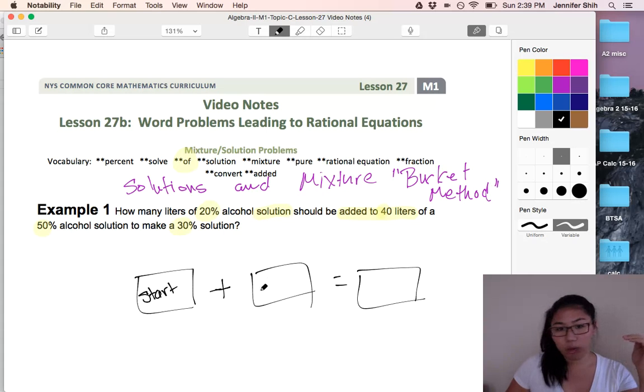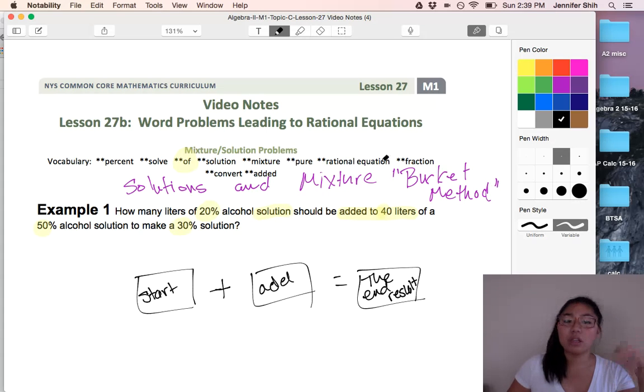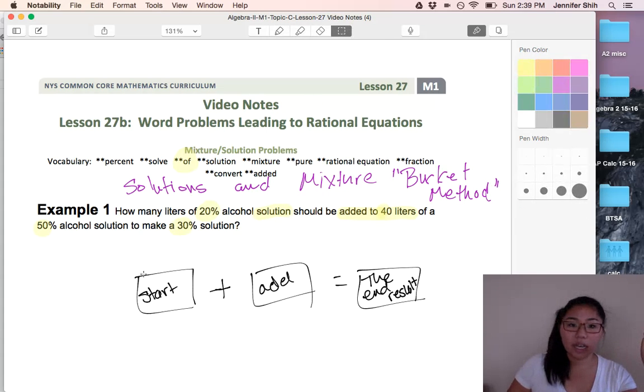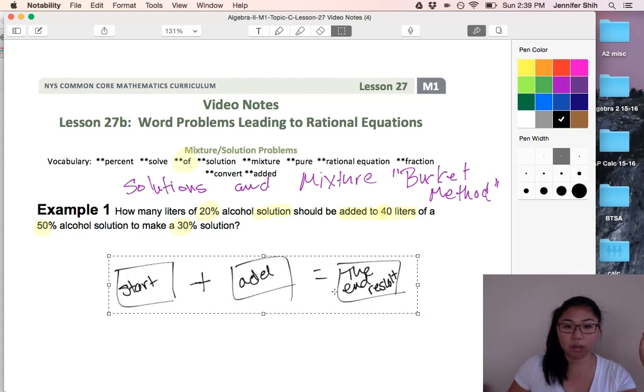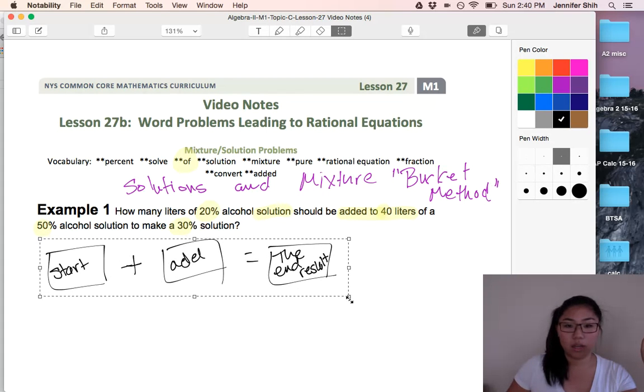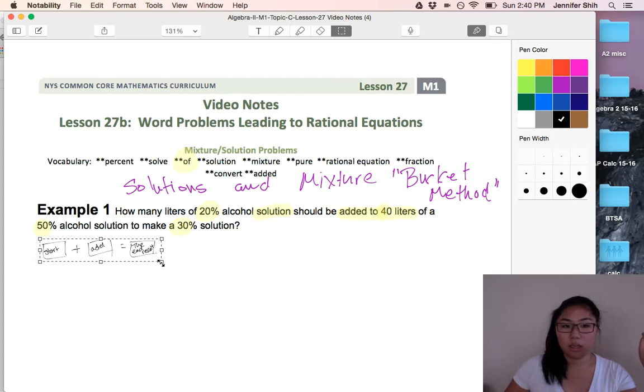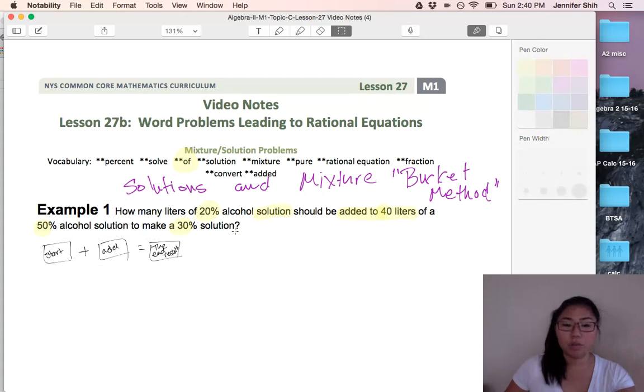This is what we're going to add to our starting solution and mixture, this bucket, and we're going to get the end mixture, the end result. So that's how we are going to use these 3 buckets today in both of our examples. Okay, I'm going to move this guy over here. And I'm going to show you how we use that.